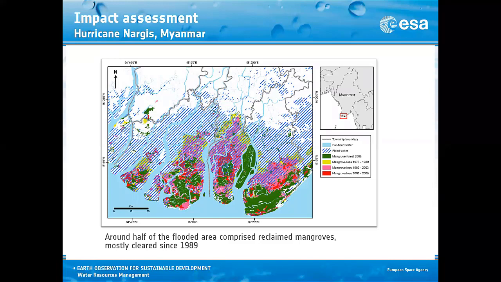So some of the post-Nargis reconstruction efforts should consider this coastal agricultural expansion into the delta, looking at how to restore coastal wetlands so they can again act as a buffer against storm surges, and basically improve the resilience of the local communities against future similar events.